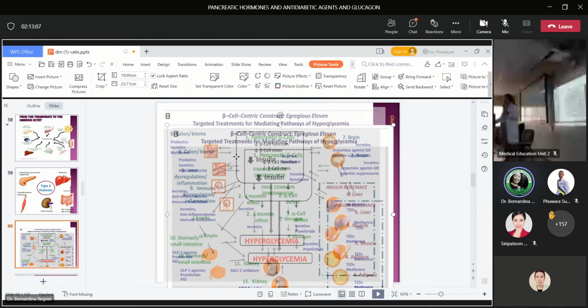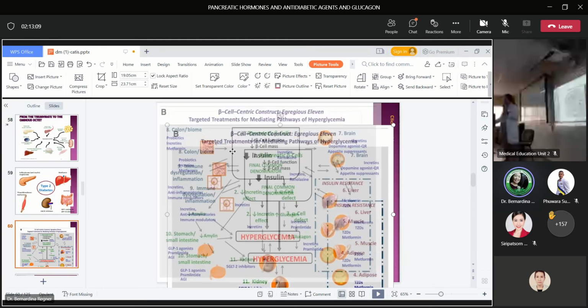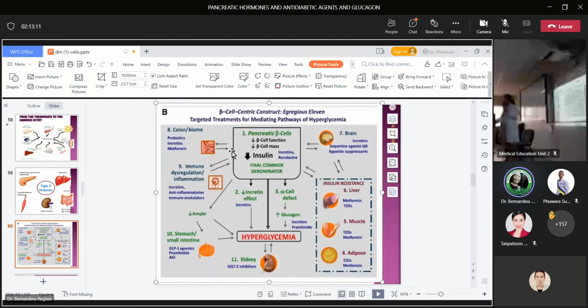In the liver, you can give metformin and thiazolidinediones. In the muscles, you have thiazolidinediones and metformin. In the adipose tissues, you have thiazolidinediones and metformin. These are your insulin sensitizers, the ones that target insulin resistance.